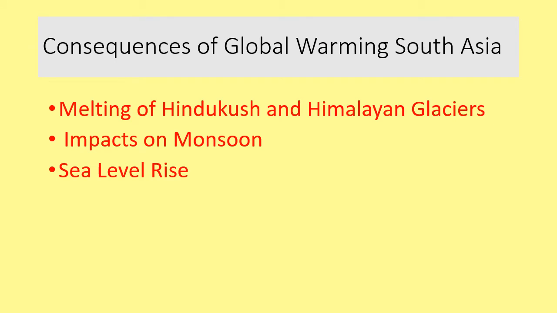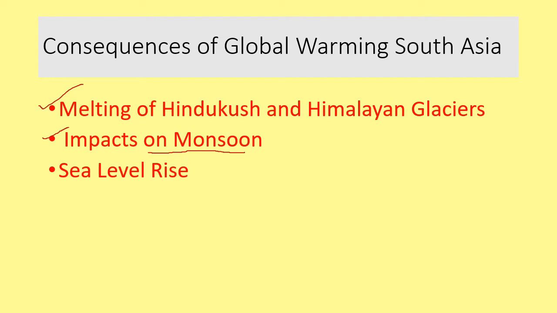Consequences of global warming in South Asia. First one is the melting of Hindu Kush and Himalayan glaciers. Second is the impact on monsoonal climate. The whole of South Asia, including Bangladesh, Nepal, Bhutan, Pakistan, Afghanistan, India, and Sri Lanka, has an agrarian economy that solely depends on natural rainfall, that is monsoonal rainfall, and agriculture is intensive subsistence farming.